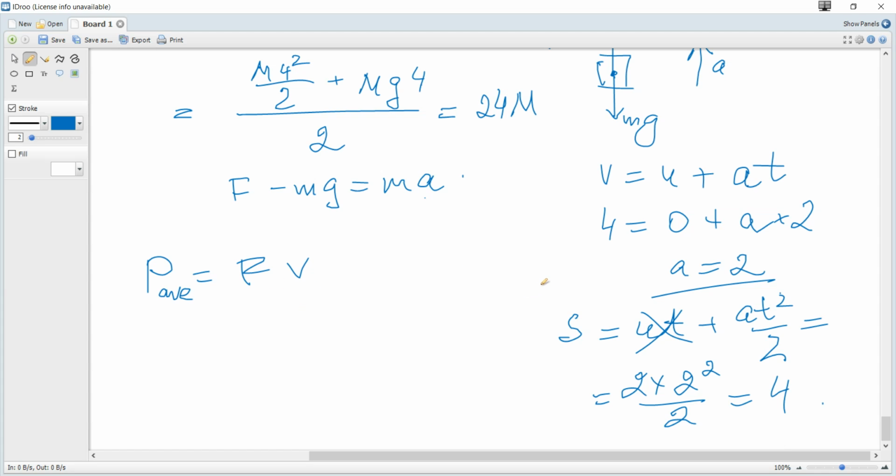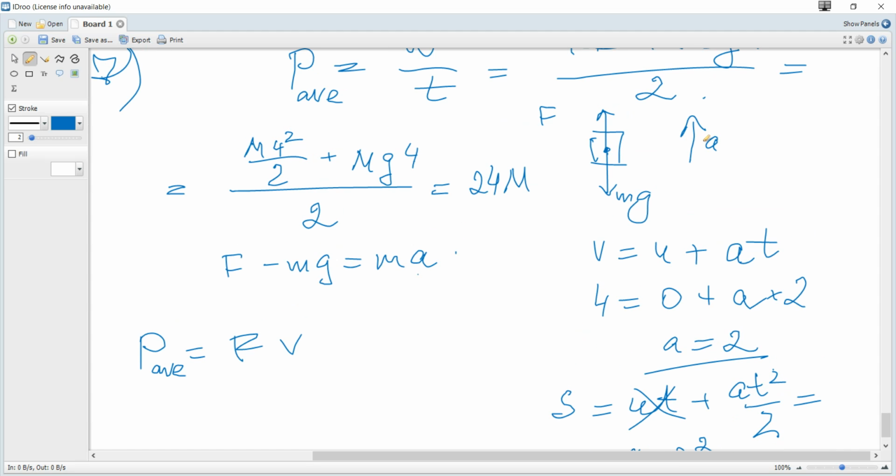Force is constant here, and notice that force is not ma, because ma is the resultant force on the object, but we consider the motor, so it's power provided by a force. We should consider the force provided by the motor. It's this F. The motor provides the resultant acceleration and also force against gravity.